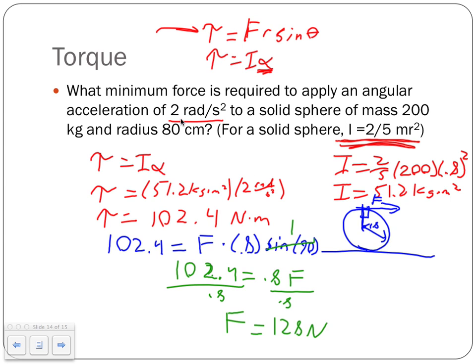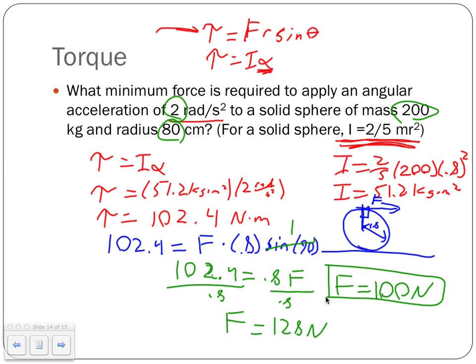Sig fig wise, 2 is just 1 sig fig, 0.8 is 1 sig fig, everything's 1 sig fig. We round this to one significant figure, and so we need to apply a force of 100 newtons to the sphere to get it to rotate with an angular acceleration of 2 radians per second squared with that applied torque.